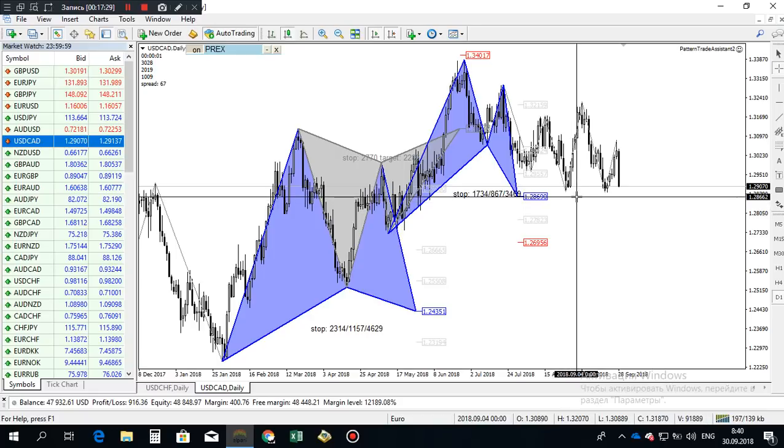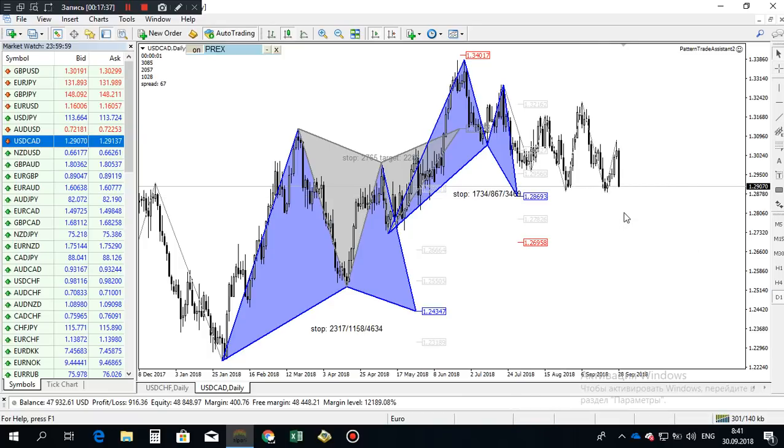So I expect the price to bounce here if we do not break. If we break this level decisively, yes, we have that big black candle, another black candle closing below this level, then it makes no sense to buy.